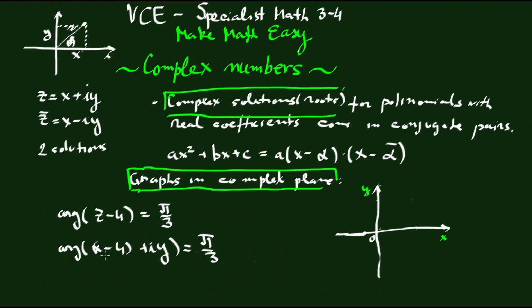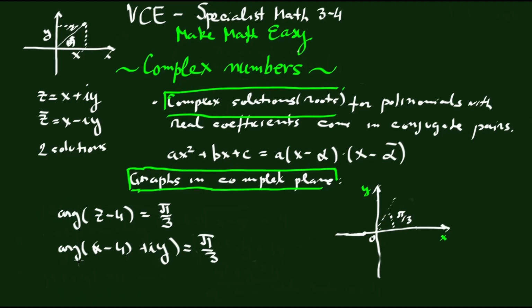So it tells you that the complex number will be at an angle of 60 degrees, pi third.